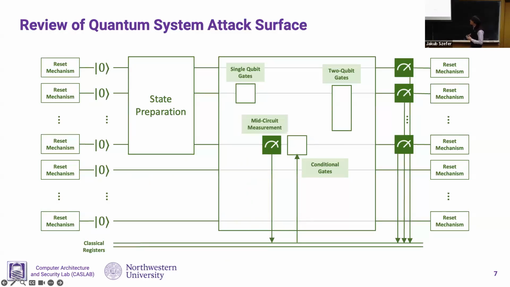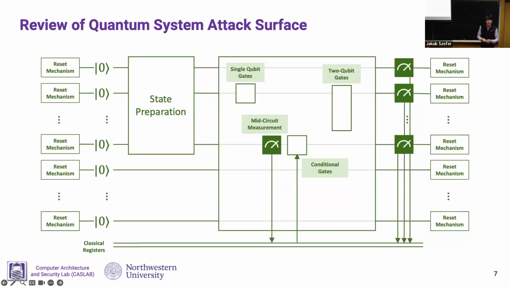Until we have quantum random access memory or some quantum memories, all the data has to be initialized in the circuit. Maybe in the future there will be no state preparation if the data comes from a quantum memory. But in general, this is the flow of a circuit.